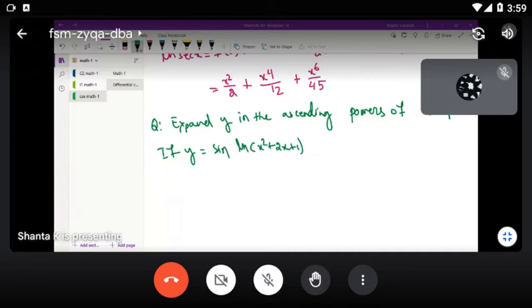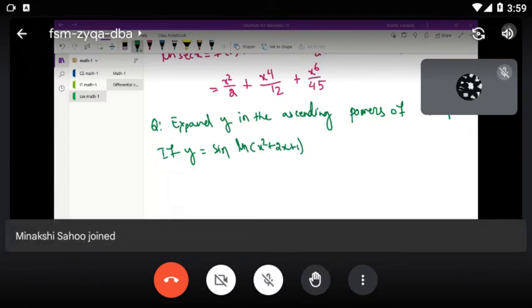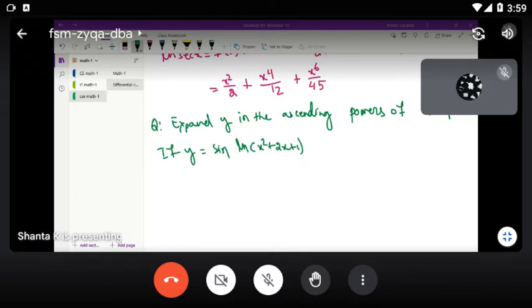You differentiate this one first, then again differentiate. So first derivative, then the second derivative. Then you use the Leibniz rule. First, we can simplify the inside, x plus 1 whole square, then we can do 2 ln x plus 1. Let's see what happens.